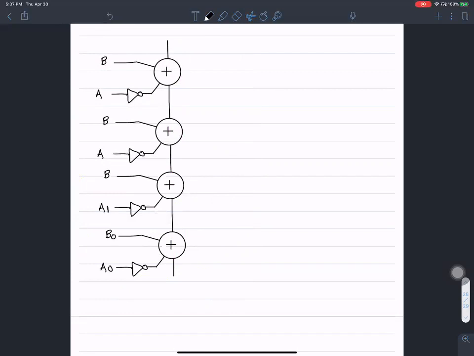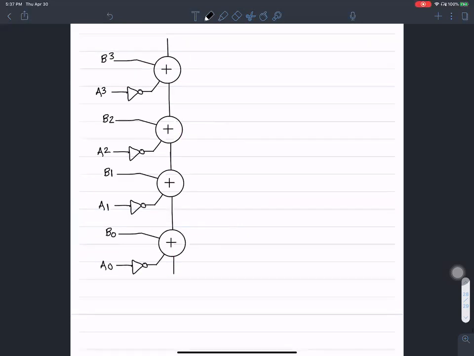This is A1 and B1, A2 and B2, A3 and B3, right? So the output that is coming out of the adders here is the sum term. Okay, so this is sum 3, sum 2, sum 1, and sum 0.